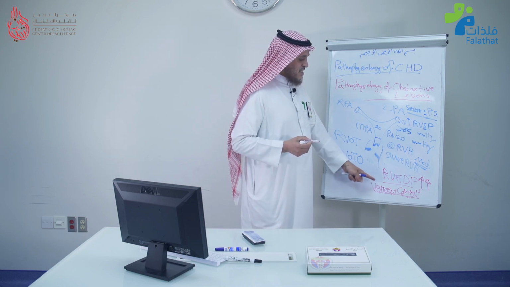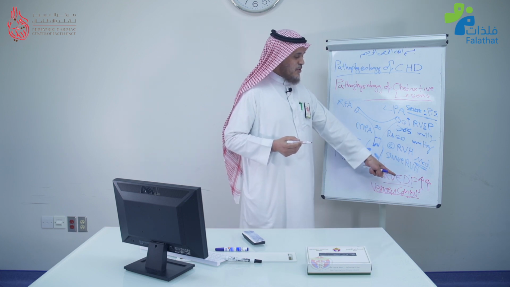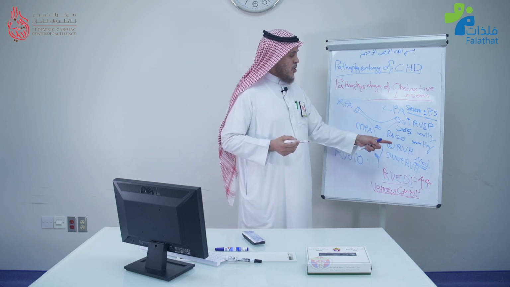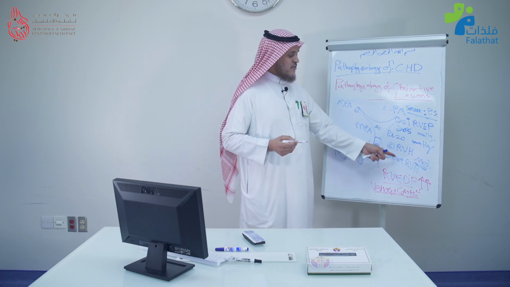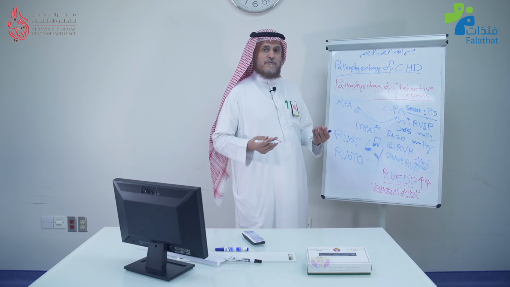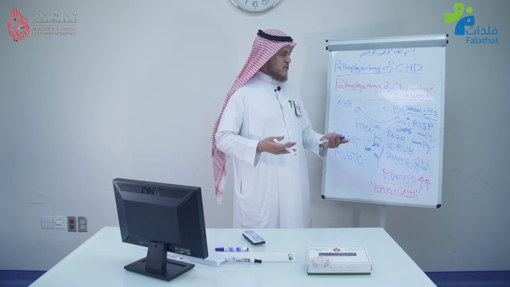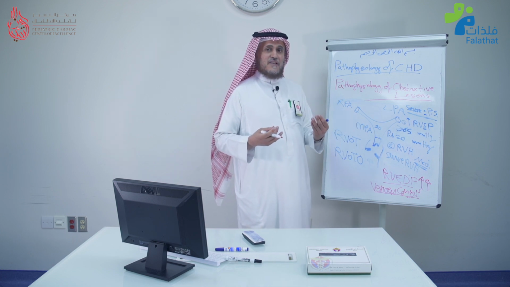We will only start seeing RV failure and venous congestion if the EDP becomes very high or the right ventricular systolic function, after being severely affected by hypertrophy, starts to lose effort, to lose function because of the obstruction. In another word, the right ventricle is pooping out.